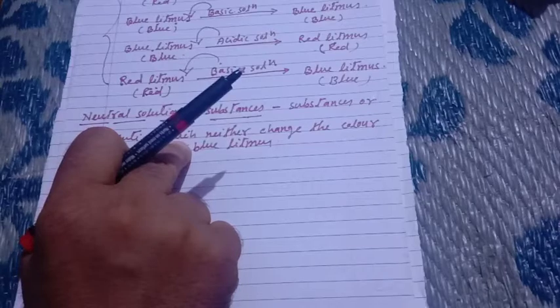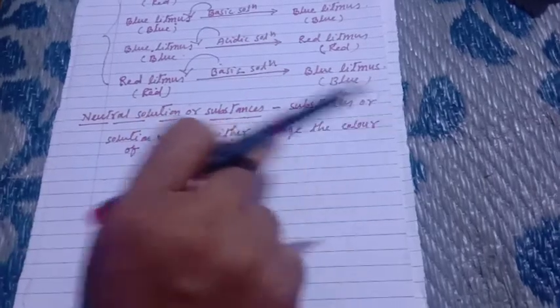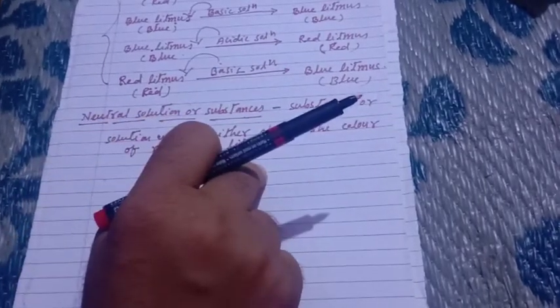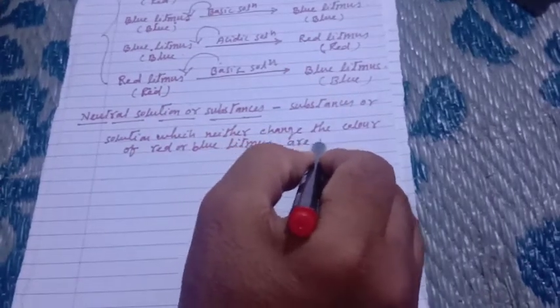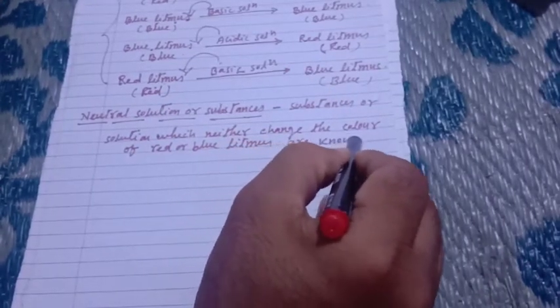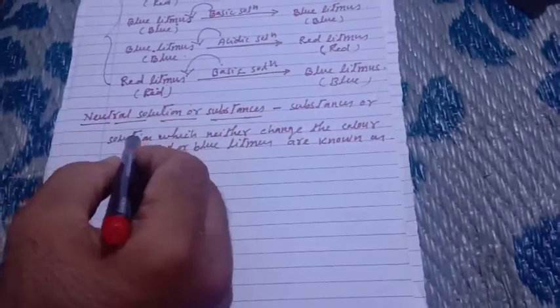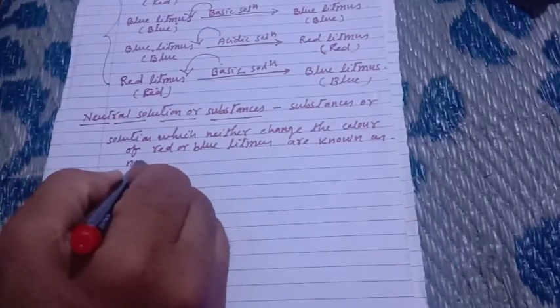Substances or solutions which neither change the color of red or blue litmus are known as neutral solutions.